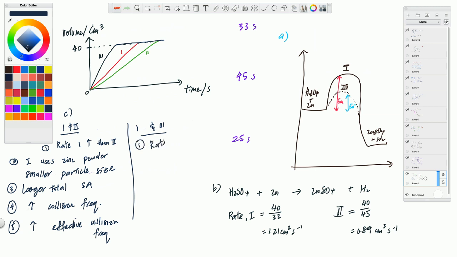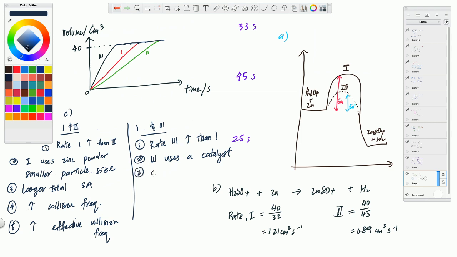So the rate of experiment 3 is higher than 1. And then why? 3 uses a catalyst. That's your keyword.